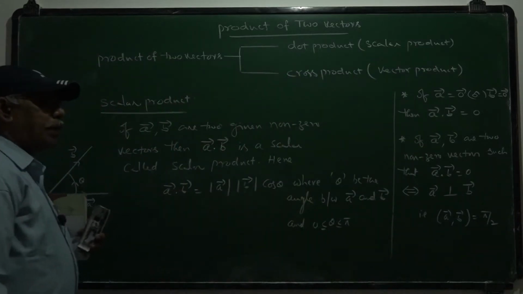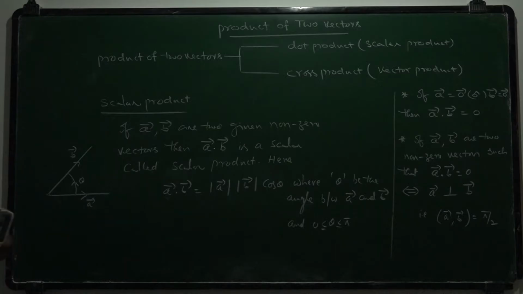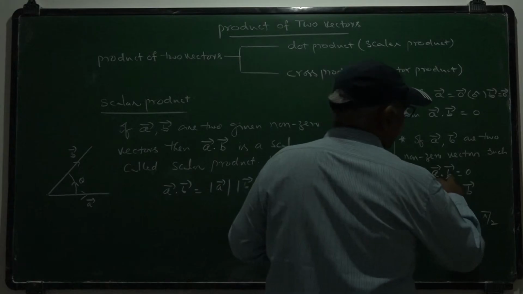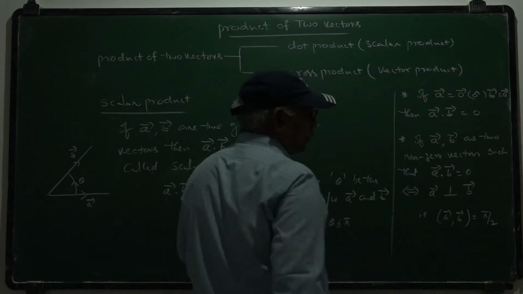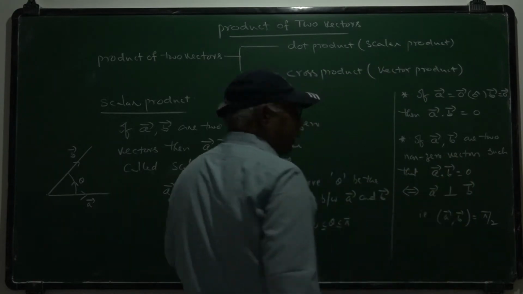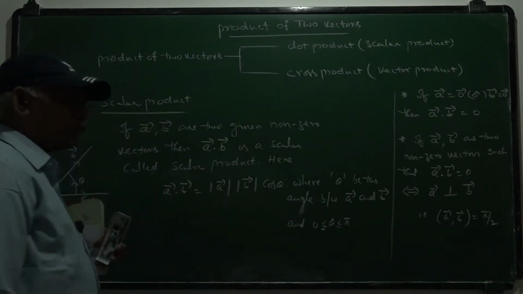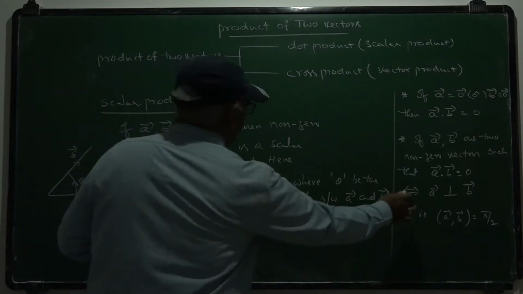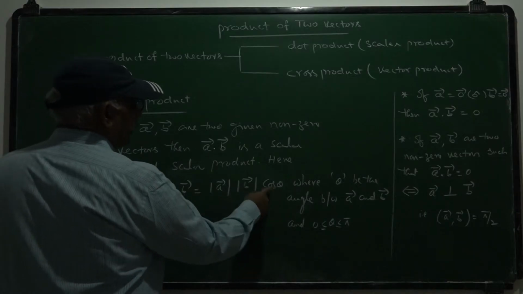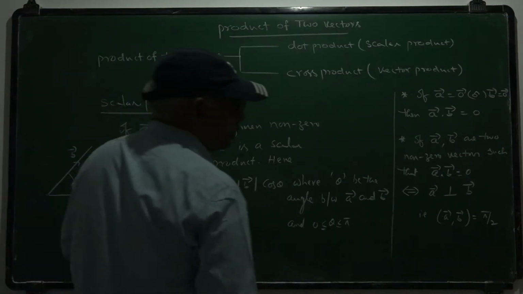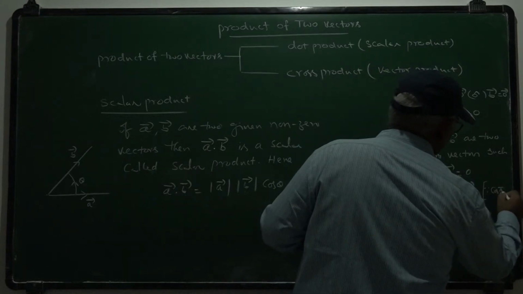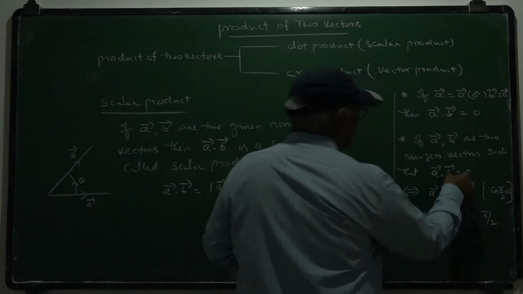The dot product of perpendicular vectors is always 0. Similarly, if the product of two non-zero vectors is 0, then they are always perpendicular. That is one important point, because once theta is 90, cos 90 is 0, since cos pi by 2 is 0. Hence, we get 0 here.